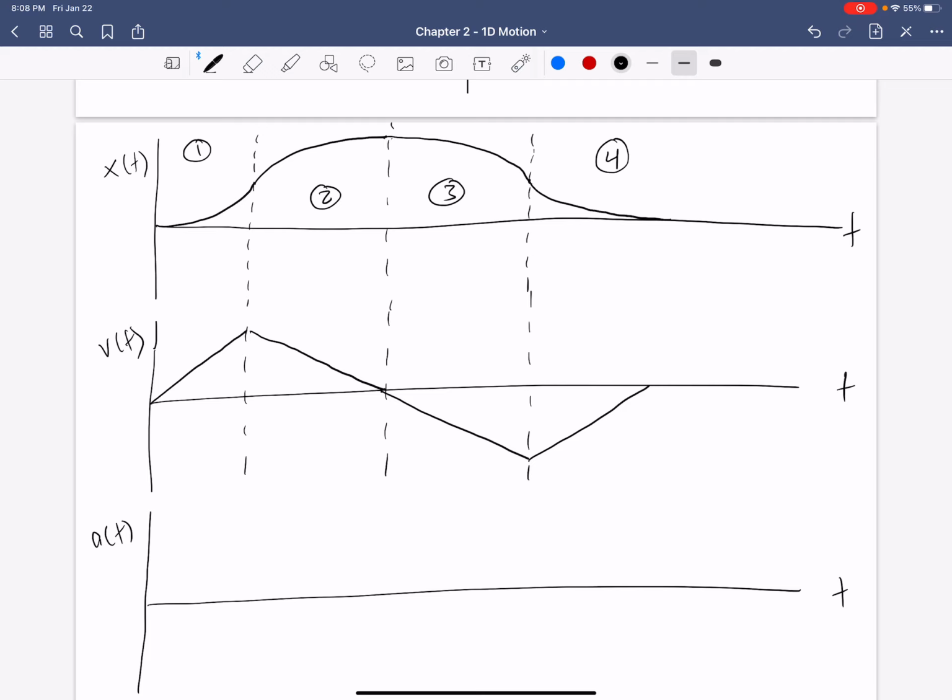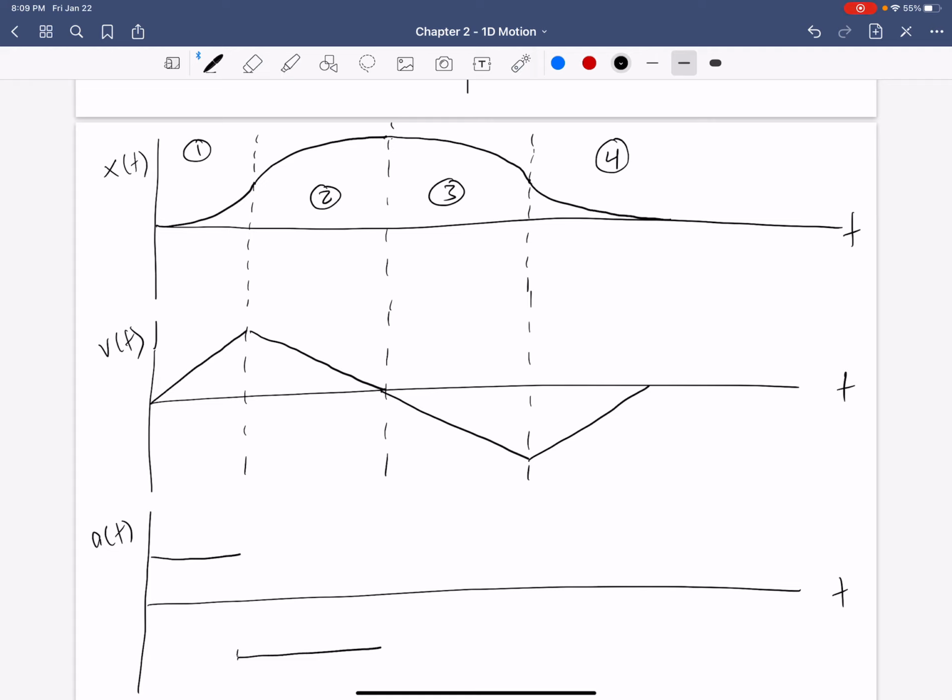All right, and now the acceleration versus time graph for section 1. We have a positive acceleration, right? We're speeding up. The slope of v of t is positive. So I don't know where it is exactly, but it's positive, somewhere up there. Now for section 2, the slope is negative, still in the positive direction, but the delta v is negative, so it's somewhere down here, right?